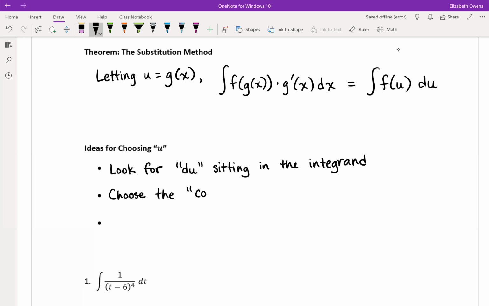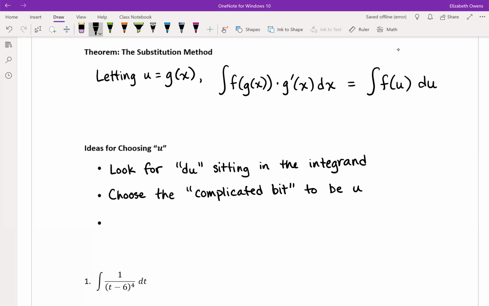So choose the complicated bit to be your substitution spot. Because then hopefully that will simplify your integrand and allow you to actually find the antiderivative if you take out that complicated bit.